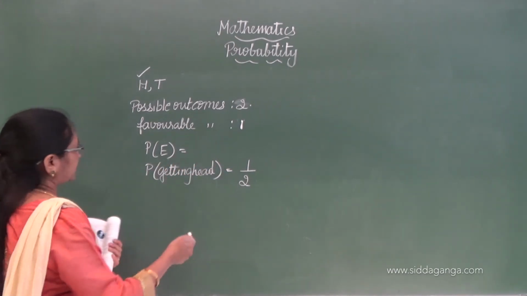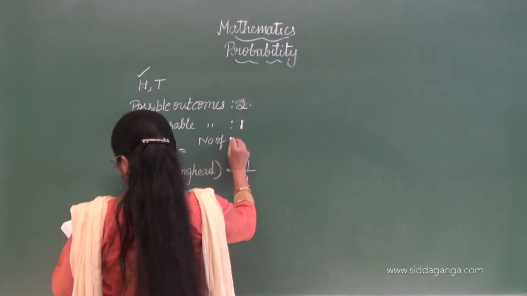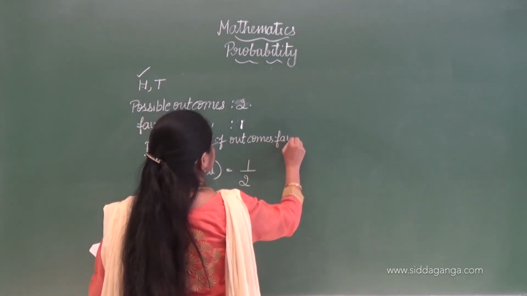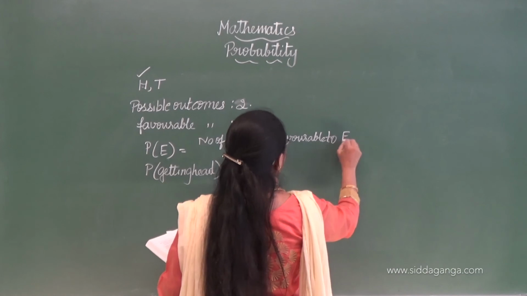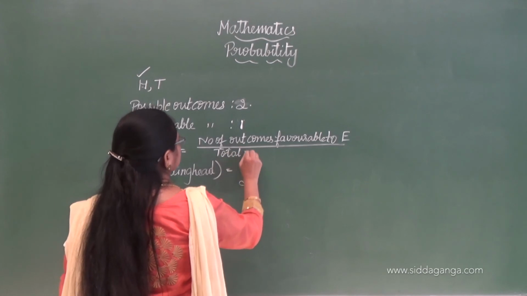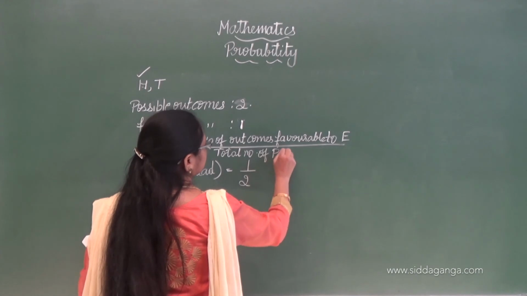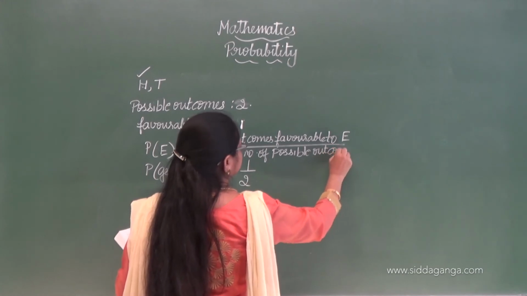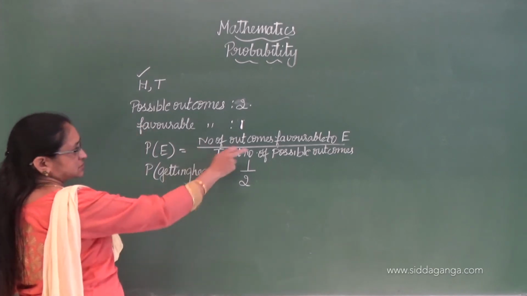So I will write: number of outcomes favorable to E, or to the event, divided by total number of possible outcomes. So, 1 by 2. I hope you understood this is the formula.